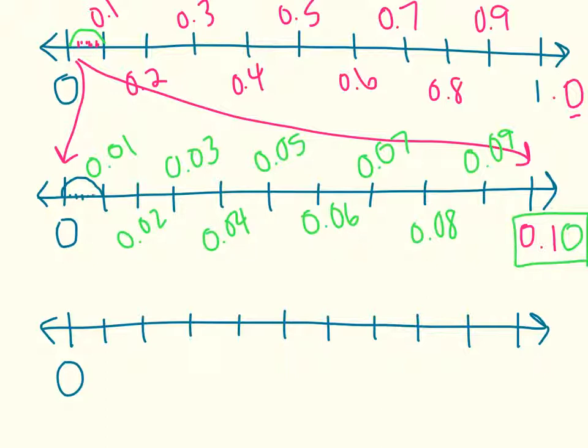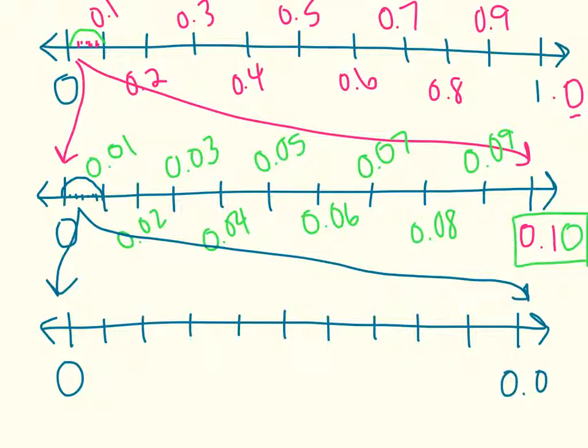Now, just like between 0 and 1 tenth, there were tick marks, I know that between 0 and 1 hundredth, there are actually 10 more little bitty tick marks that I can't see. So on this last number line, if I were to zoom in between 0 and 1 hundredth, this is where I would start numbering by thousandths. And you'll pretty much never see a number line divided into 1,000 spaces if I'm trying to be efficient with it. So because this one starts at 0 and goes to 1 hundredth, I know that in between here I'm counting by thousandths.